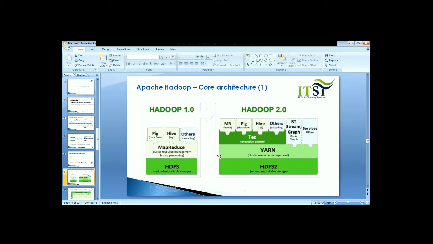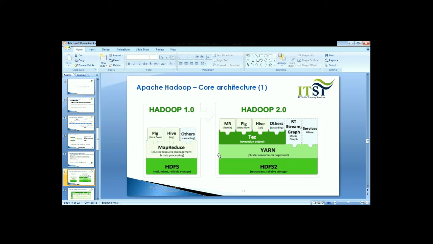The difference here is, on the left-hand side of the diagram, you can see HDFS at the bottom. After that, you can see MapReduce. In MapReduce, it's mentioned cluster resource management and data processing. Initially, MapReduce used to do both tasks together: cluster resource management and data processing.